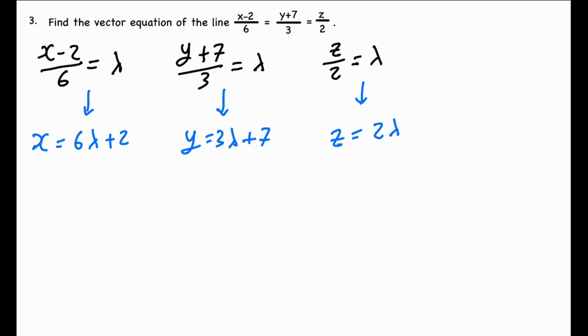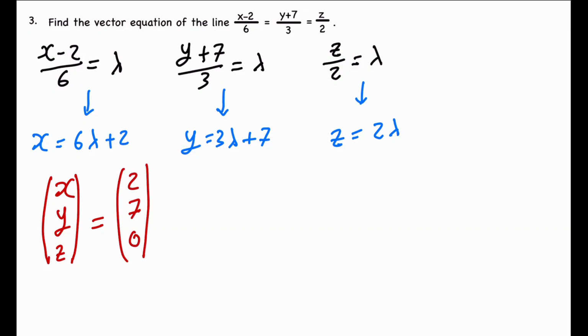And now if we stack this up in vector form, we're going to get (x, y, z) is equal to, so the position vector, (2, 7, 0). So that's for the position vector. So I'm going to have (2, 7, 0) plus lambda times the multiples of lambda, which is (6, 3, 2).